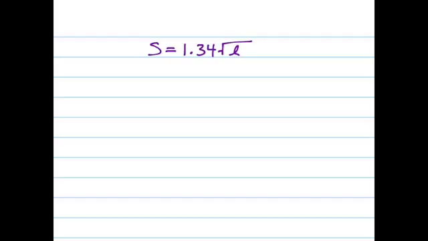Find the length to the nearest foot of the sailboat's waterline if it has a hull speed of 8 nautical miles per hour. So that 8, is that an S or an L? An S, because it's the hull speed. So we're going to plug that in for S. We get 8 equals 1.34 radical L.